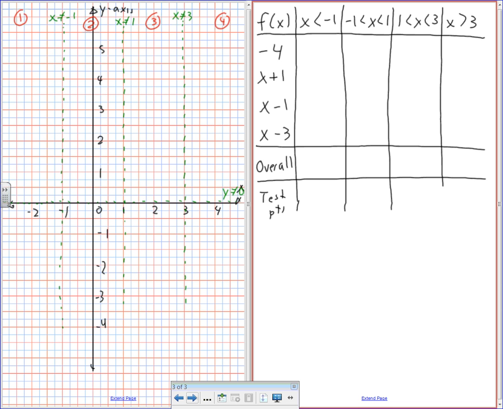Okay, can someone explain where Bailey got those four things on the left? Okay, they're from the original equation. Right on. The -4 was the numerator, and x plus 1, x minus 1, and x minus 3 were the denominator. What's that? Test points, PTS. Okay, I can write it out though, sorry.